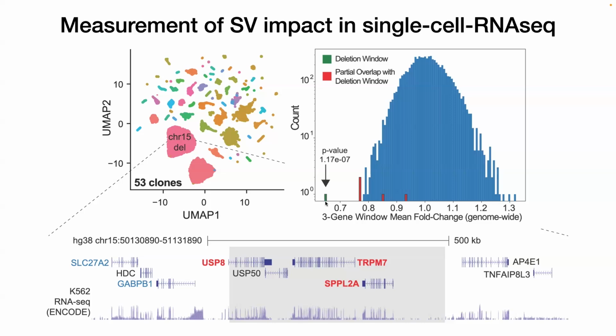And the fold change is exactly what you'd expect, which is a 33% reduction from the wild type. So this actually shows us that we can both very specifically detect structural variants in a single cell, but also assess the impact on gene expression.